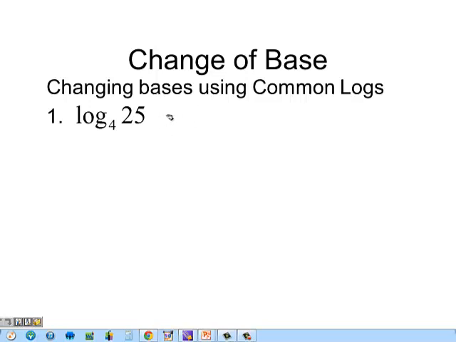All right, so we have common log of 25 over common log of 4. And on my calculator, I get 2.32, or that's approximated 19, 4 decimal places. Okay.